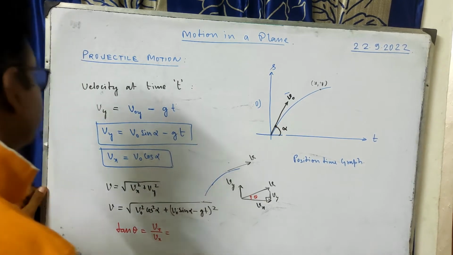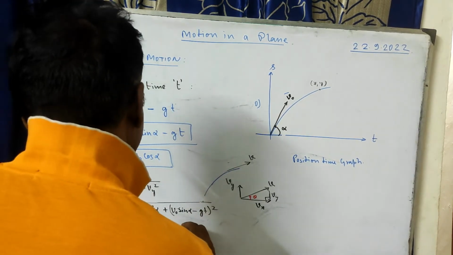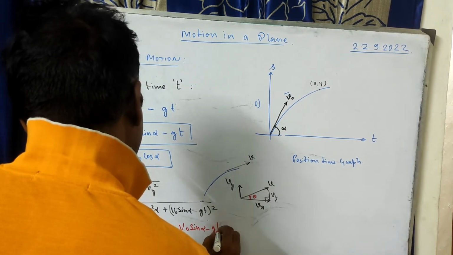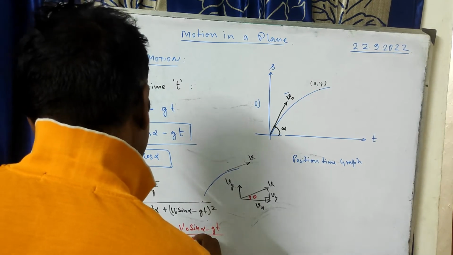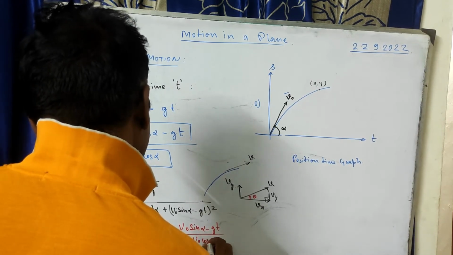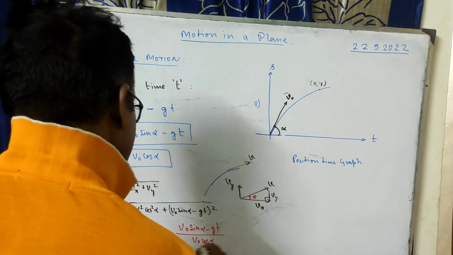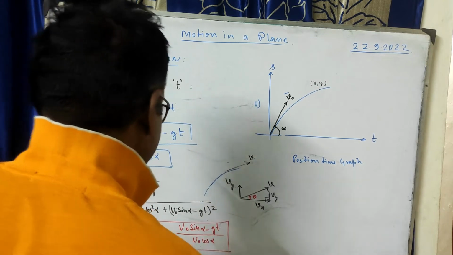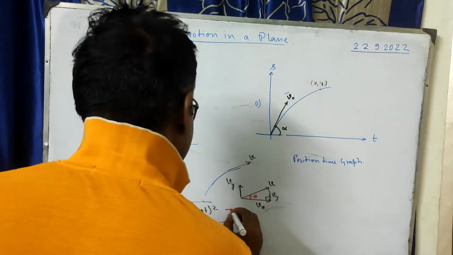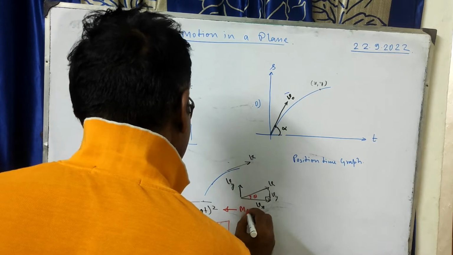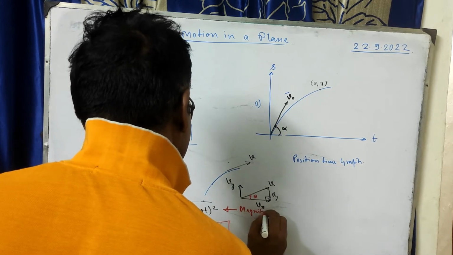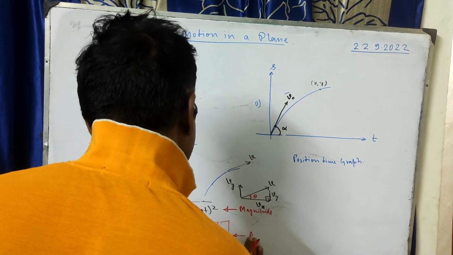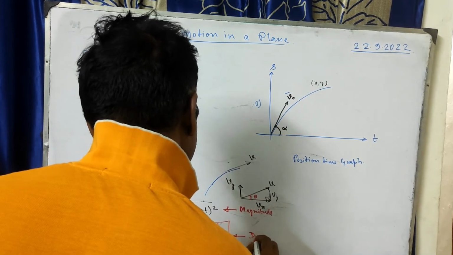Vy is V0 sin alpha minus gt, divided by V0 cos alpha. So theta means tan inverse, you can find out. So this is the angle, got it? This is your magnitude, and this is your direction. Angle means direction.